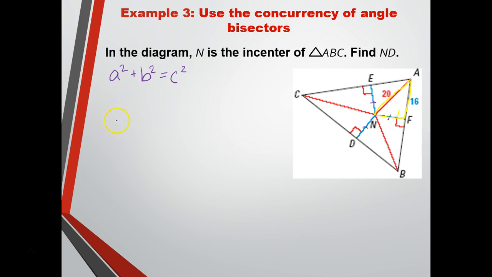So A, B, and C, let's fill those in with the names of this triangle right here. So NF is one of the legs. Let's put that in as A. NF squared plus B squared, which is AF, that's the other leg. And then C, our hypotenuse, that's AN.